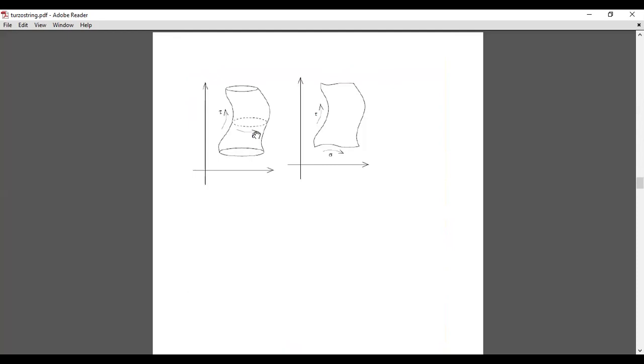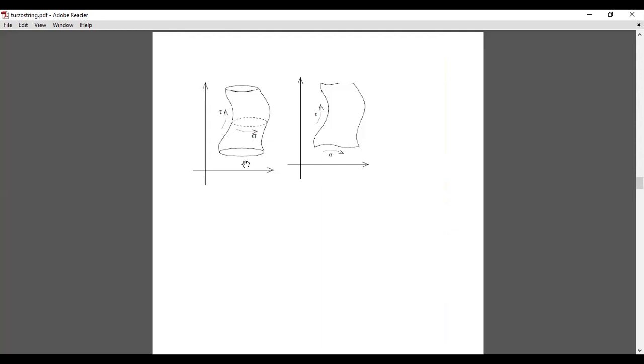You can have two things, right? You can have either a periodic string, where the string closes itself, or you can have an open string where you have two open boundary points.